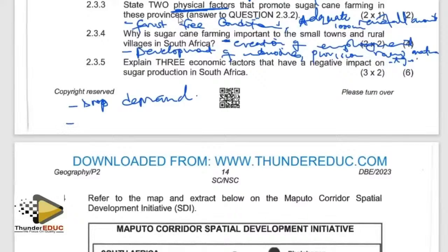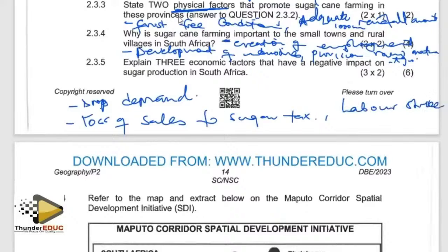Then you also look at aspects like loss of sales due to the sugar tax. Then you can talk about labor strikes.